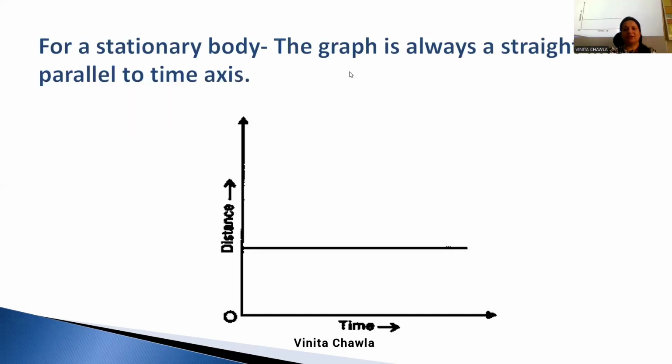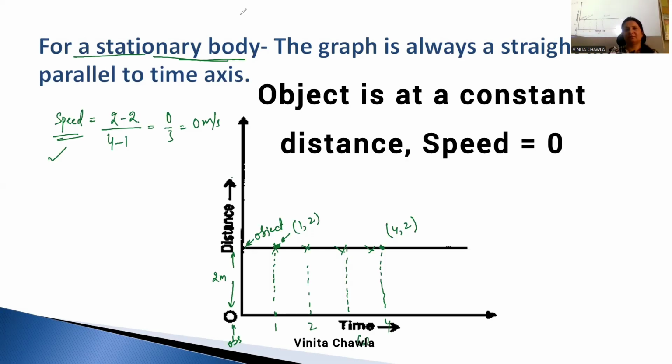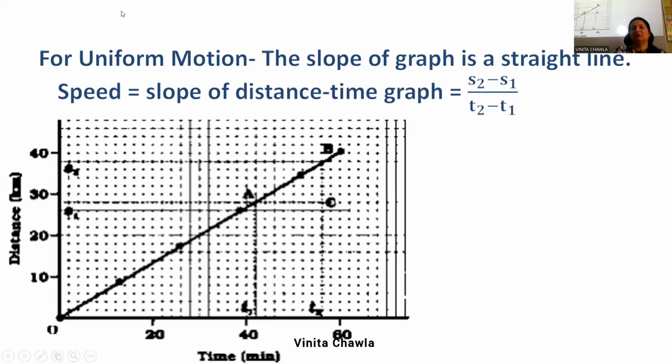For a stationary object, this is the graph, a straight line parallel to the time axis. For uniform motion, if the object covers equal distance in equal intervals of time, then it is uniform motion.